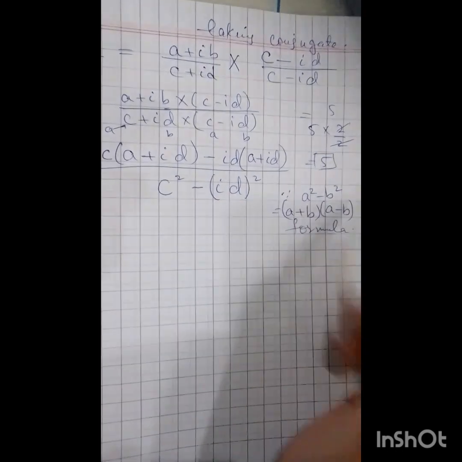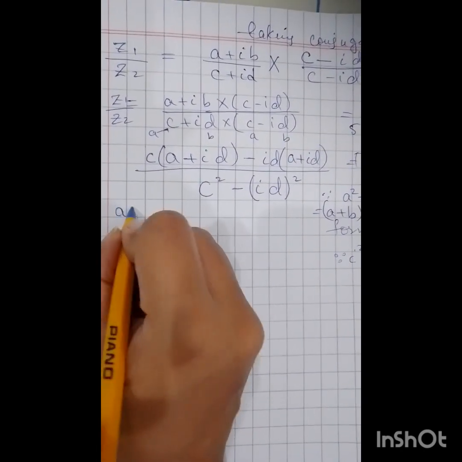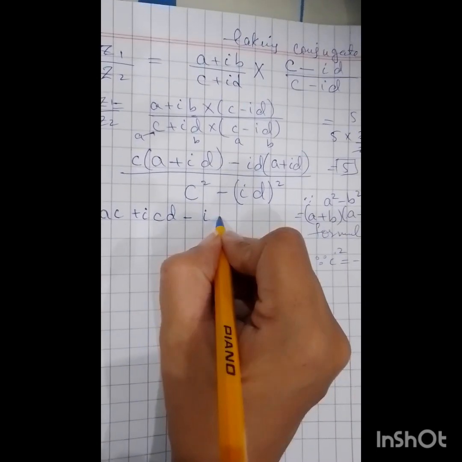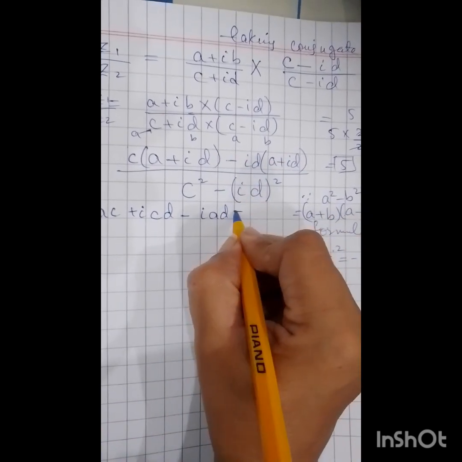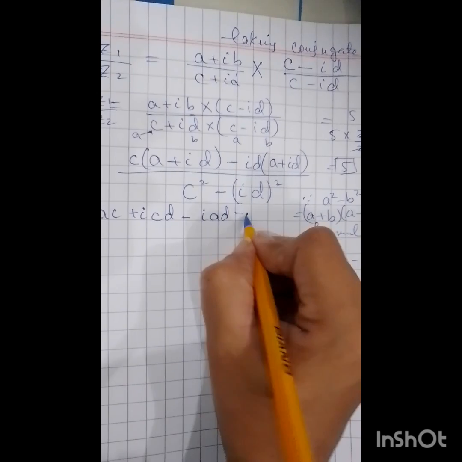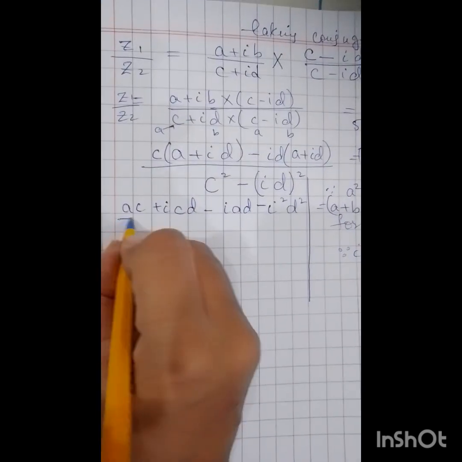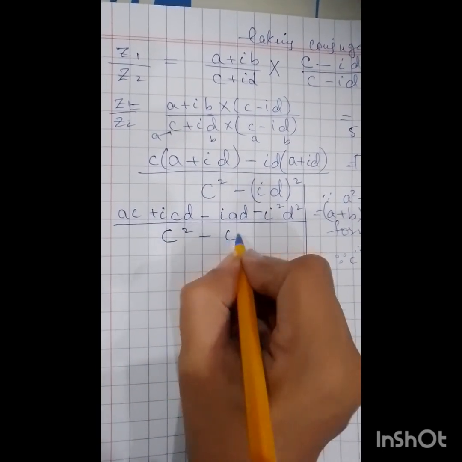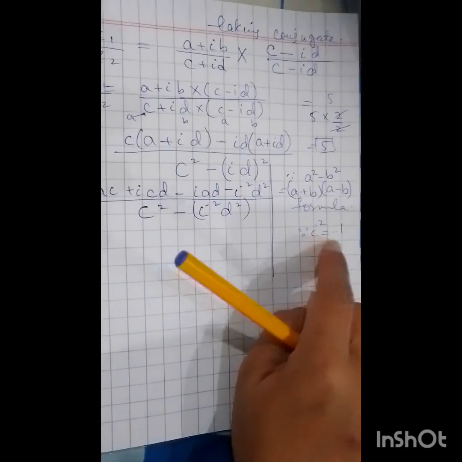Since iota square is equal to minus 1, putting the value, we will get ac plus iota bc minus iota ad minus iota square bd, and c square minus iota square d square. I hope there is no confusion up till here and you are getting the concept. So writing iota square and d square, the rest remaining will be the same.